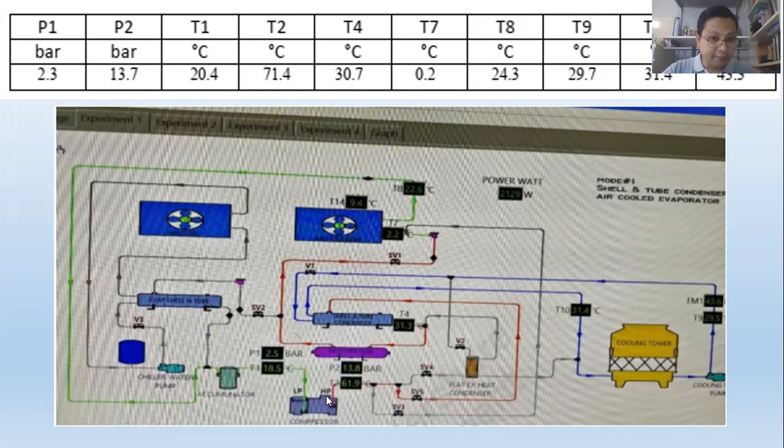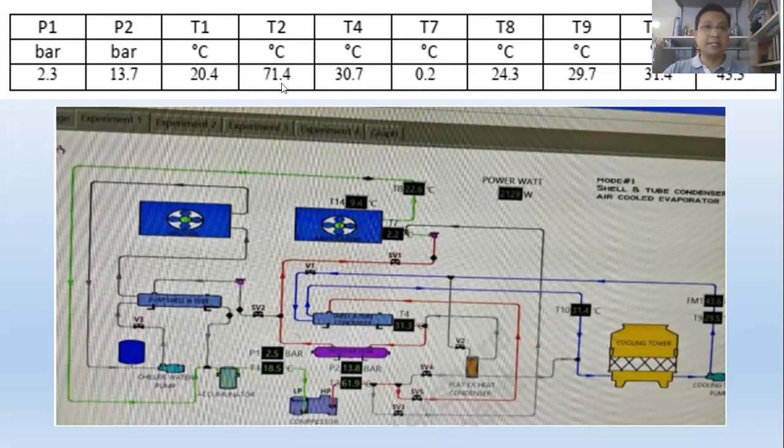It means T1 is before the pump, and then T2 is after the pump. So the temperature should be increased. T2 is before coming to the condenser, and then T4 is after the condenser. So it should be identified.